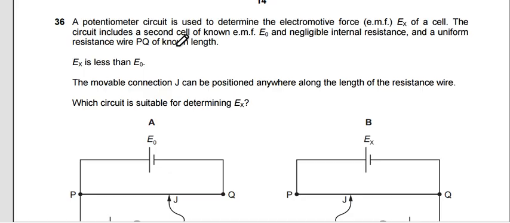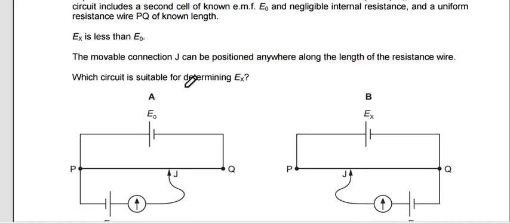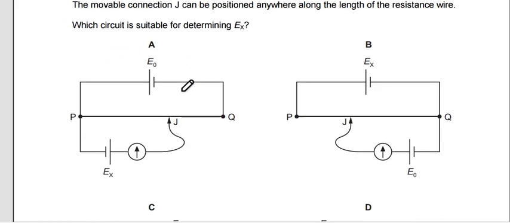So if we look at circuit A, we will move G across until the voltmeter reads 0. But the problem is we have the two batteries in the same direction.